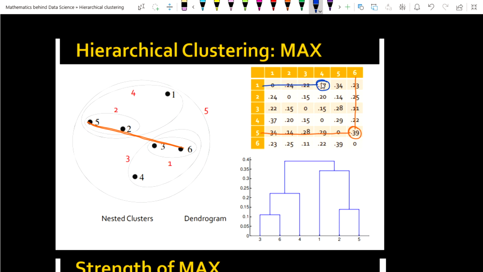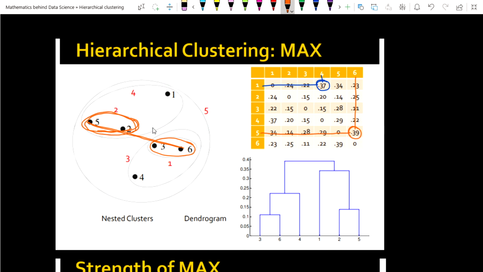First we make this a cluster. Just see the 5 and 6, we make it first a cluster using these distances, and this is the cluster C2. This is one cluster.